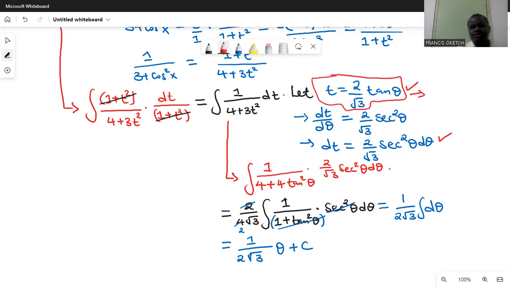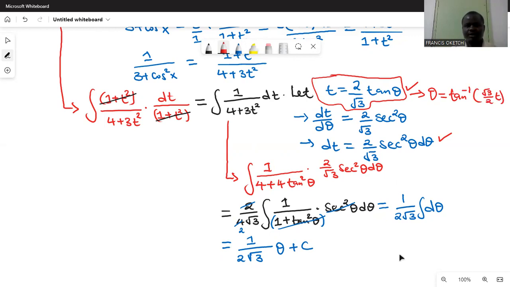So it means root 3 over 2t is equal to tan theta. Then you take tan inverse on both sides so that we get theta is equal to tan inverse of root 3 over 2 times t.